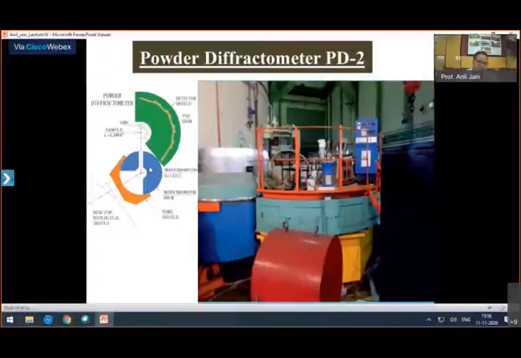As a quiz, you can note down that you know Bragg's law, 2d sin theta equal to n lambda. Now, if you have n equal to 1, you should have a second order reflection from n equal to 2. We use this crystal silicon and germanium because they have some particular advantage.